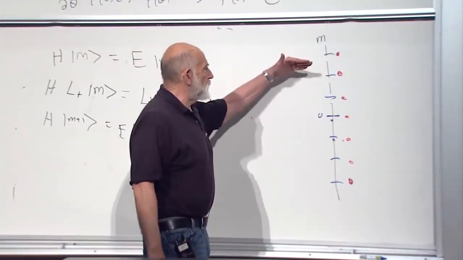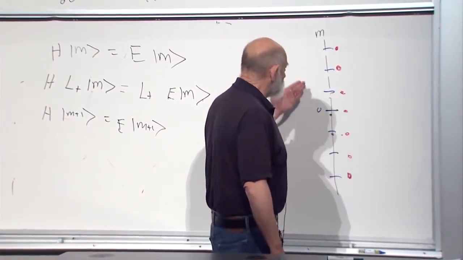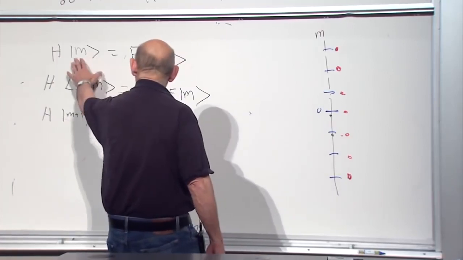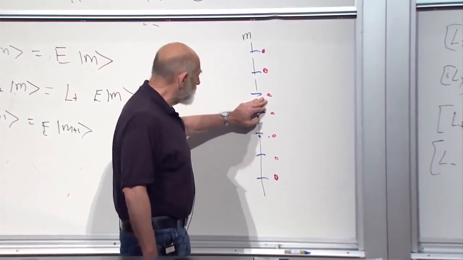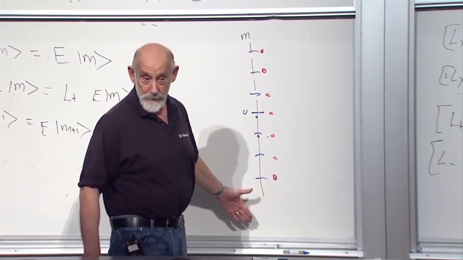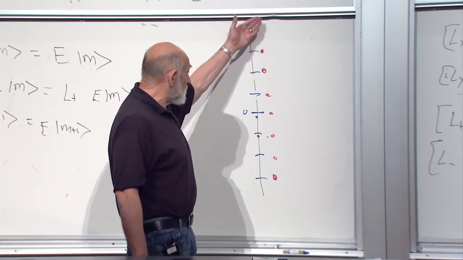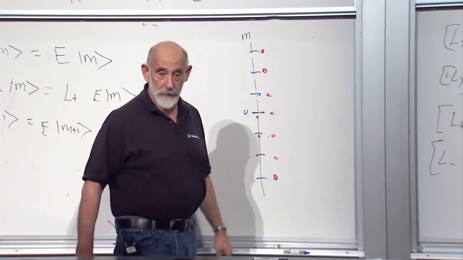That tells us that if we find an eigenvector of the z component of angular momentum, which happens also to be an eigenvector of energy, then by raising and lowering until we run out of possibilities, until we hit the endpoints, we create states of exactly the same energy.